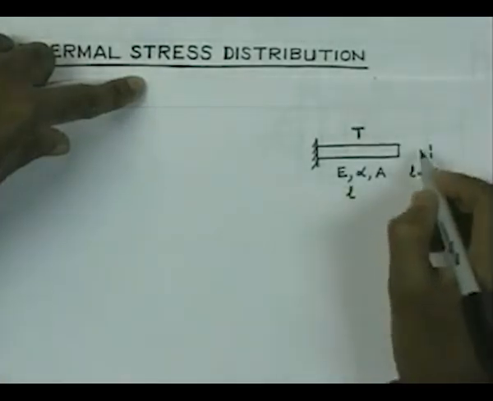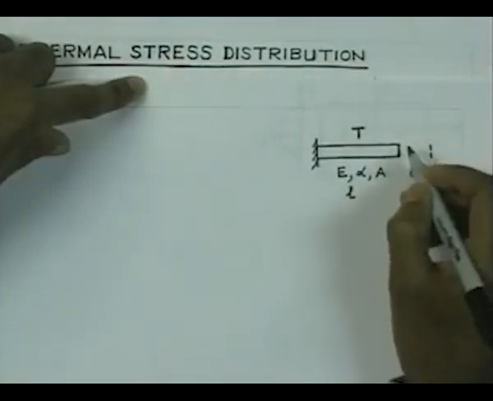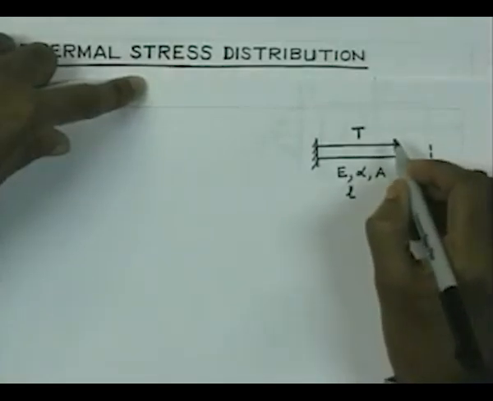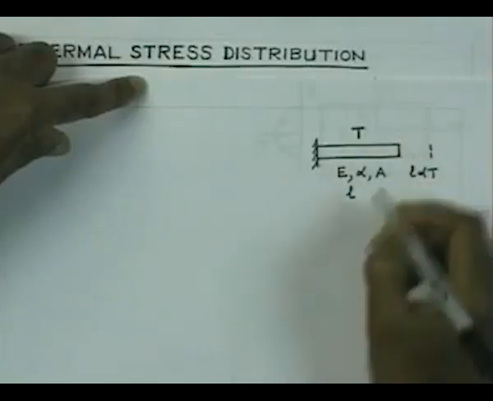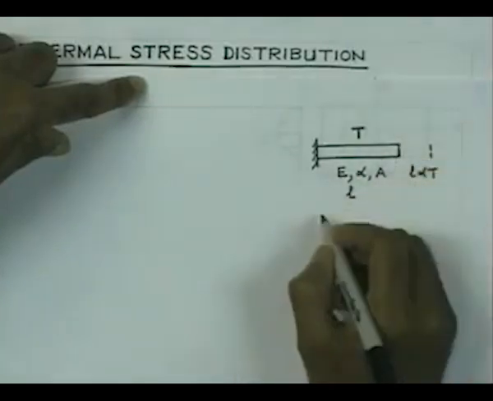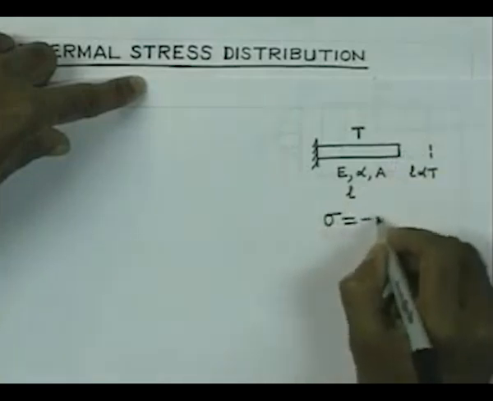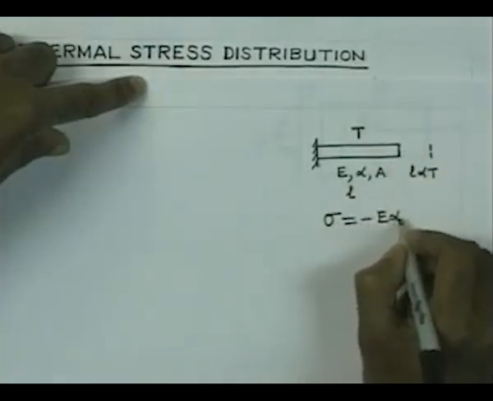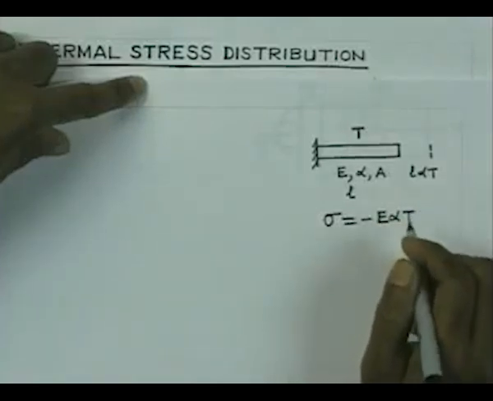Suppose we prevent the expansion of this end from taking place, then in that case we will have the thermal stress, or we will have the compressive stress developing in the component, which is nothing but minus E alpha T. This we have already indicated earlier.